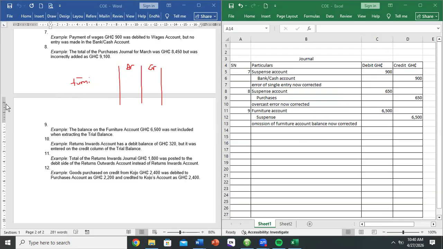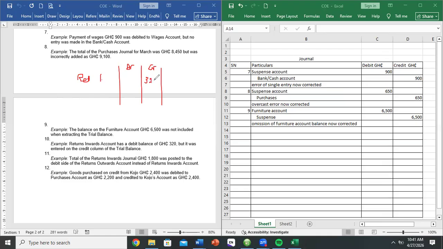So the accountant, I don't know why he would do that, but return inwards. So this was the trial balance, return inwards. We all know that it has a debit balance, 320. So it's supposed to be at the debit. But this accountant put it at the credit. So are you seeing the error?